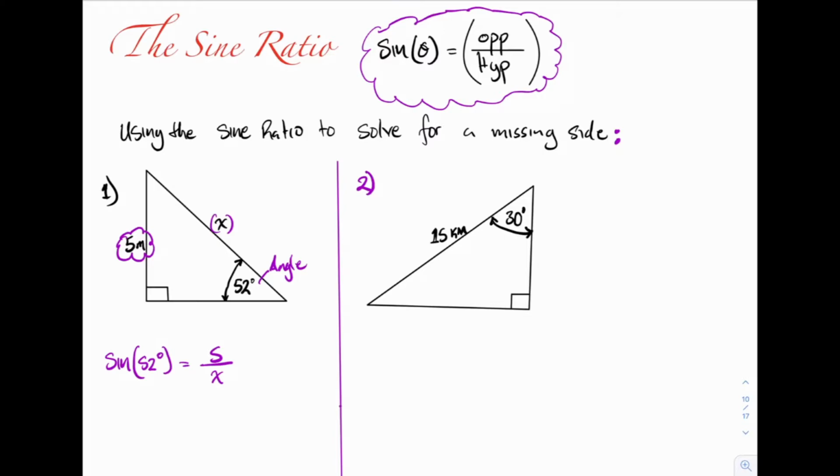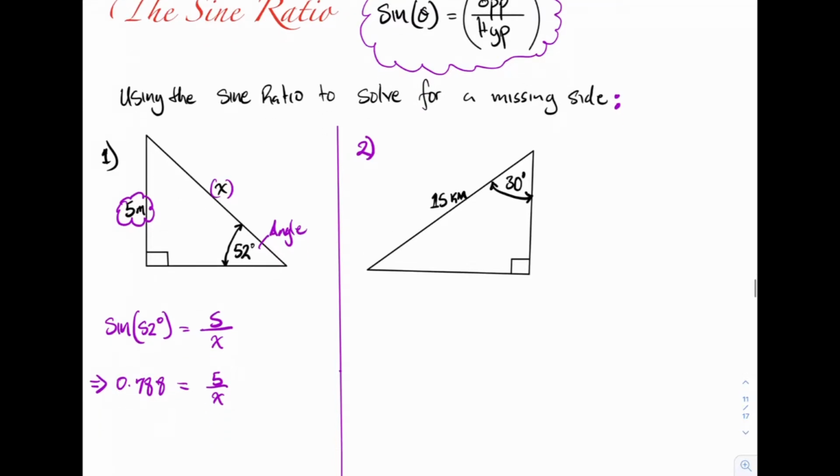Now I can plug in the sine of 52 on my calculator. Please remember that your calculator has to be in degrees mode. So I enter the sine of 52 and I end up with 0.788 approximately is equal to 5 divided by x. Now I'm trying to transpose for x, so this means x is equal to 5 divided by 0.788.